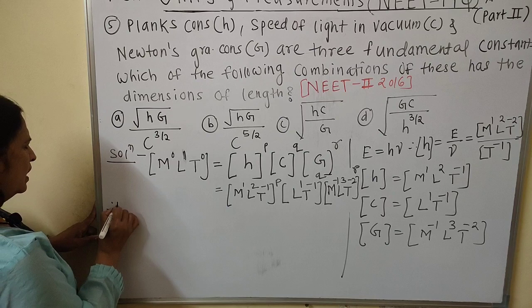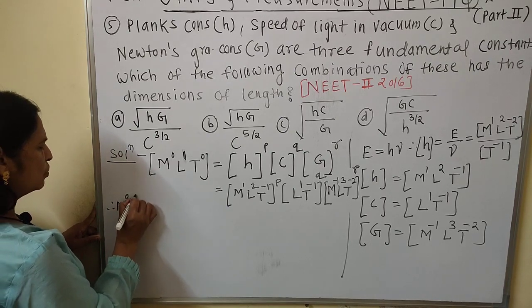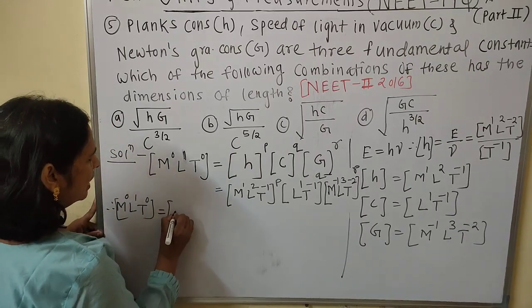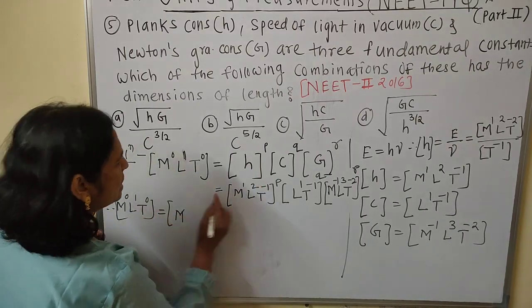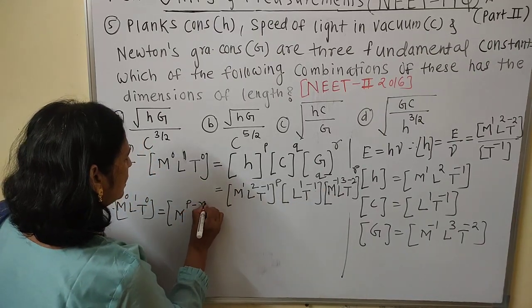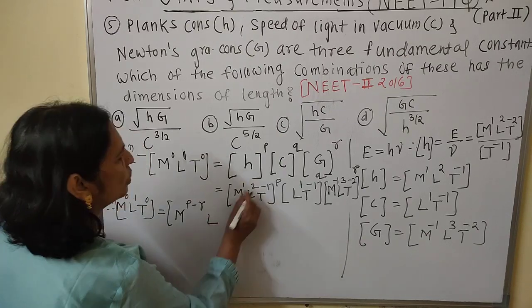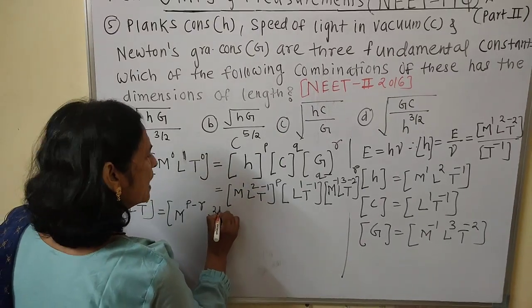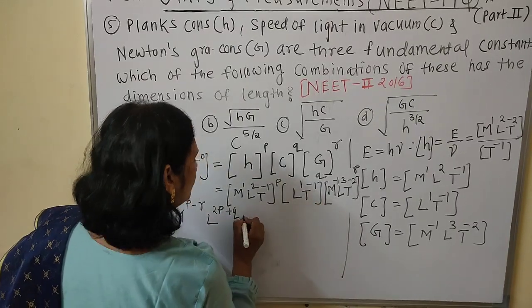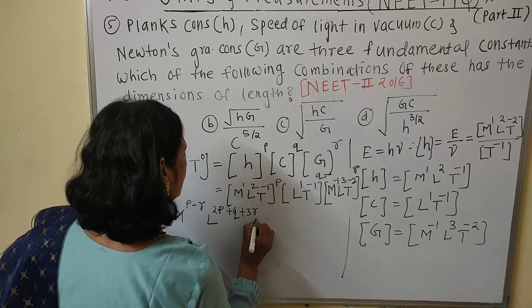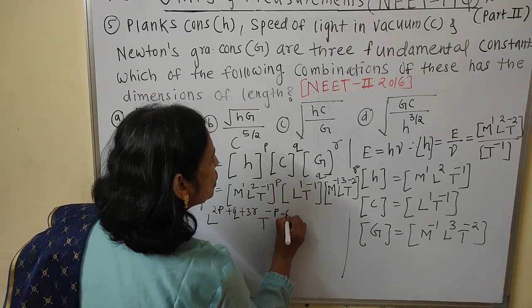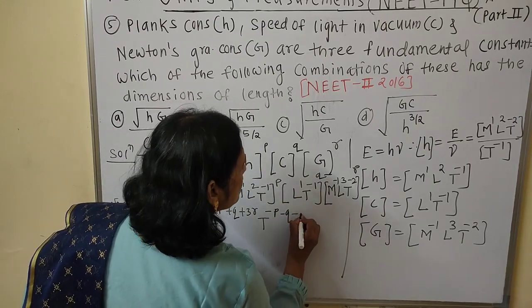Therefore, M^0 L^1 T^0 is equal to M raised to p minus r, then L raised to 2p plus q plus 3r, then T raised to minus p minus q minus 2r.